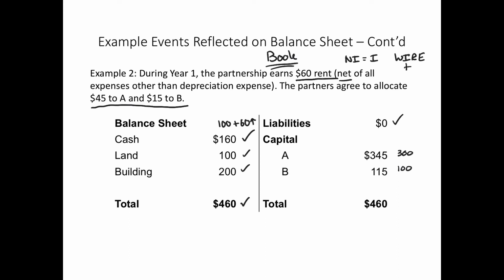So our equity or capital went up by 300, 100, 300 for A, 100 for B. Well, here, now we have net revenue of 45 to A, 15 to B. So we add that on. So plus 45 plus 15. So we get 345 and 115. And we add those together. And we get 460. 460 equals 460. Boom, we are in balance. And that is how we report from a book standpoint.